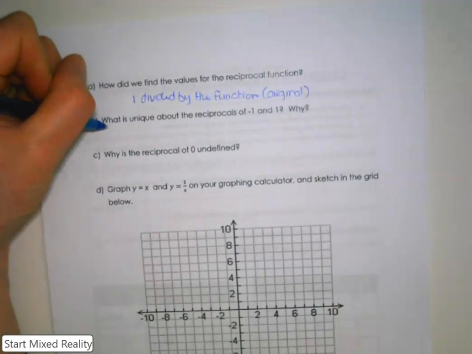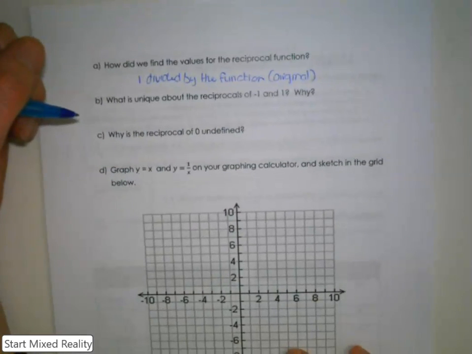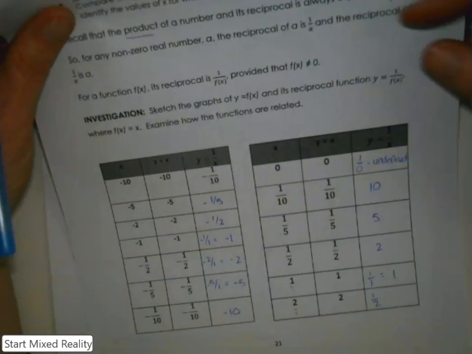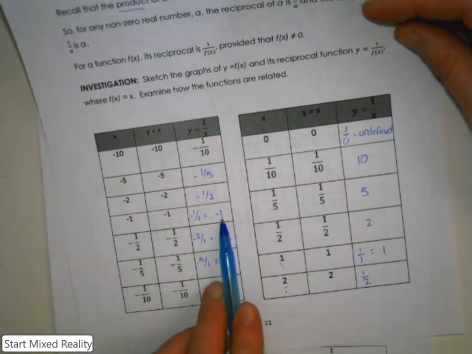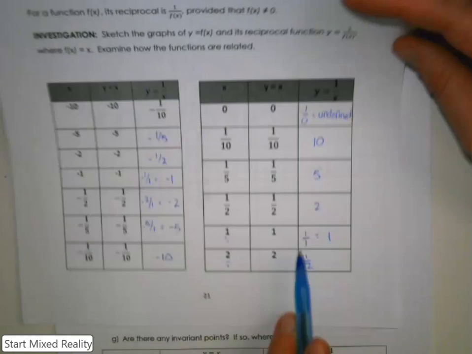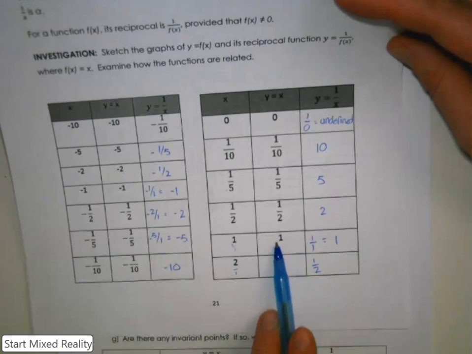What is unique about the reciprocals of -1 and 1? If we look here, when we had -1, the reciprocal is still -1. And when we had +1, the reciprocal is, of course, +1 still.